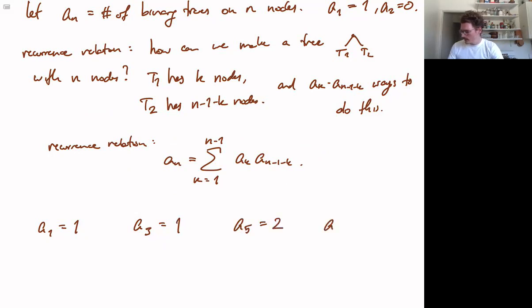And then a7, we take the product of the outside 2, and then this one times itself, and then this one times this one. So this is 2 plus 1 plus 2, which is 5, I believe.